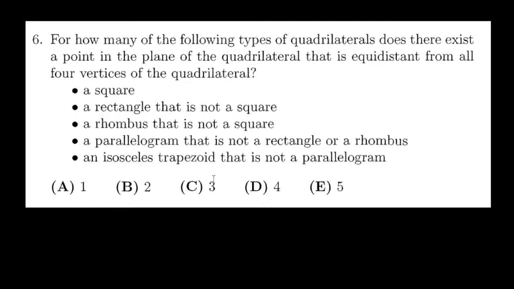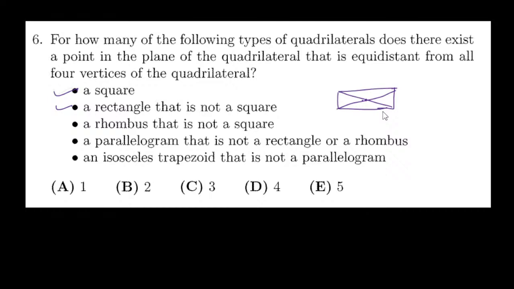Here if you see a square, there is a point in the square which is equidistant from all the 4 points. A square definitely is the answer. Then we have a rectangle that is not a square. If I take the point on its diagonals, it is at equal distance from all the 4 points.